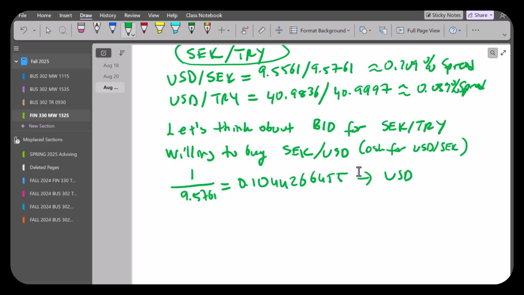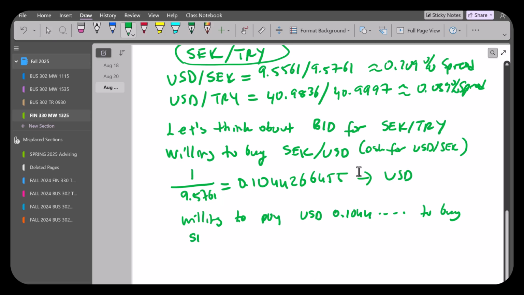So to buy SEK 1, and how much I need to be getting.